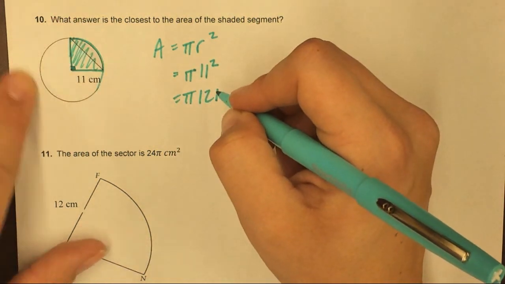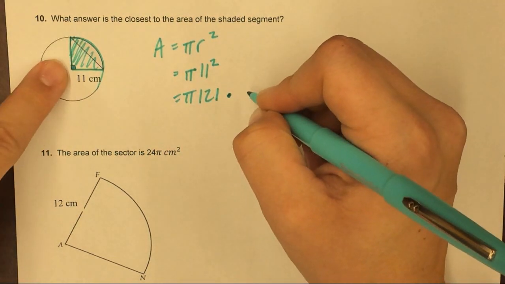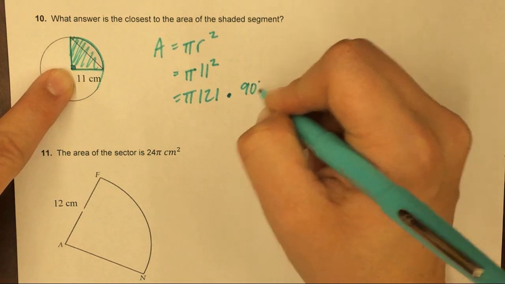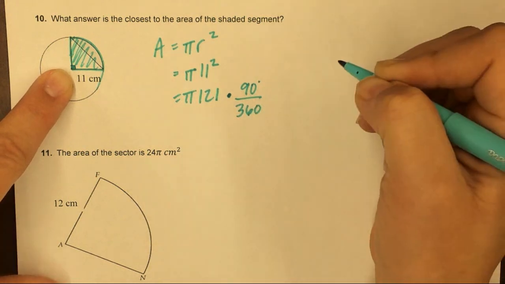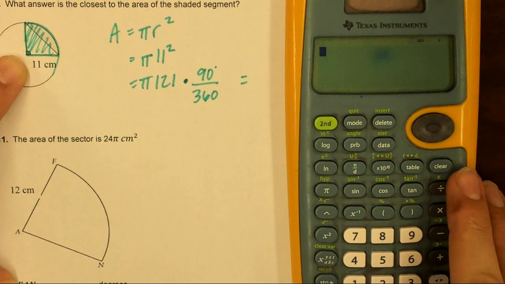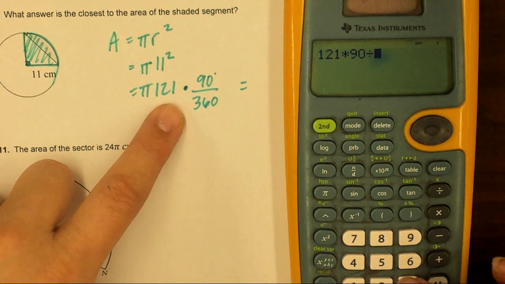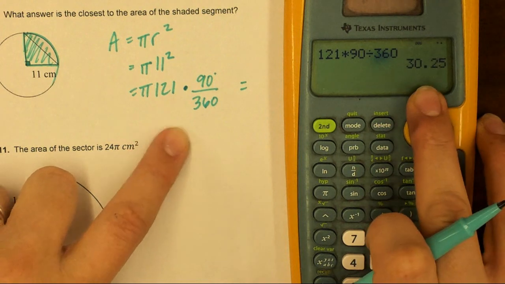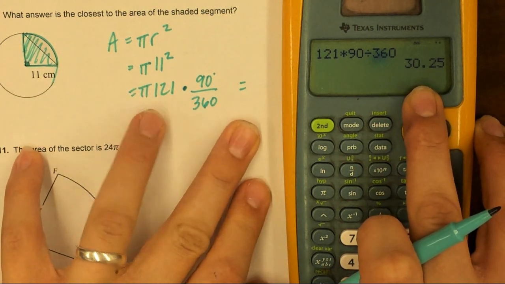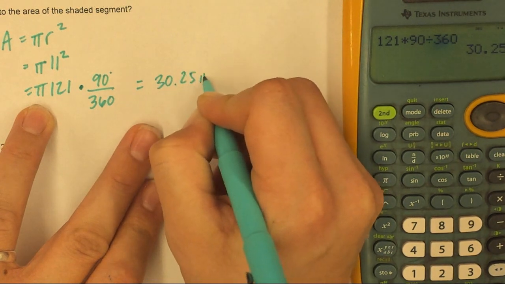That's the full area of the whole circle. If I only want this part, we multiply by the part divided by the whole, which is 90 degrees over 360. 121 times 90 divided by 360 is 30.25 pi. I left pi off just to keep my answer as exact as possible.